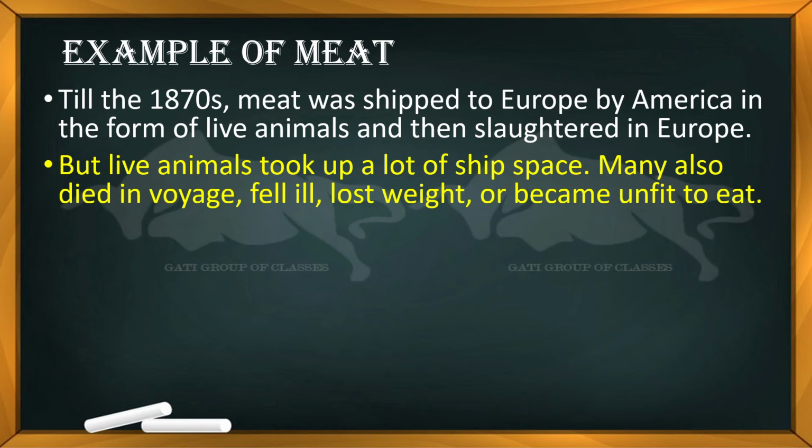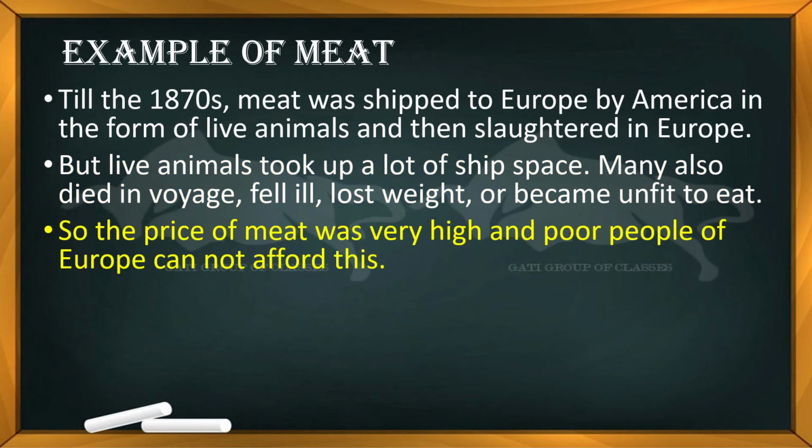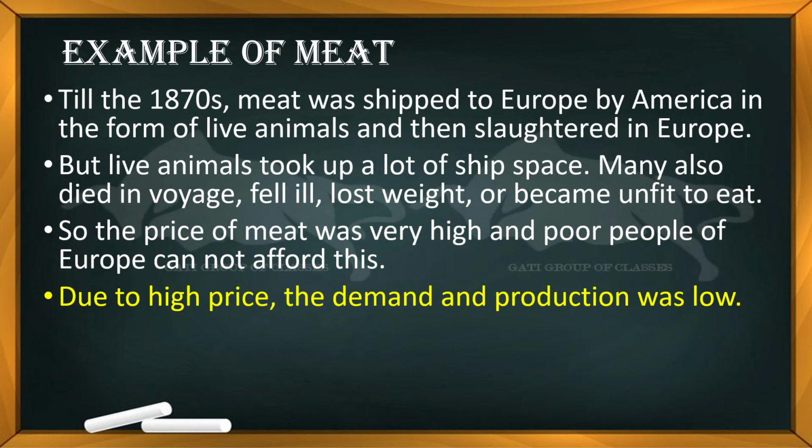So that was very problematic. The price of meat was very high, and poor people could not afford it in their food. Demand and production were both very low at that time.